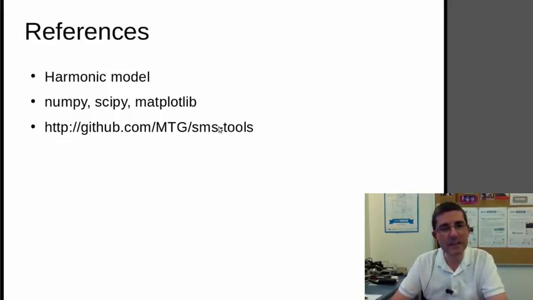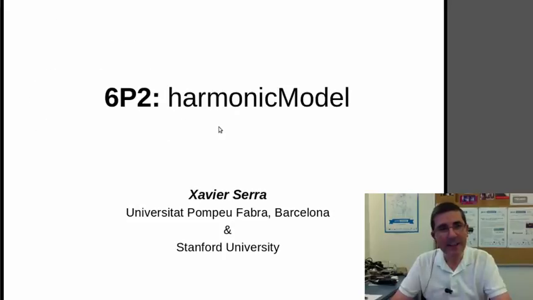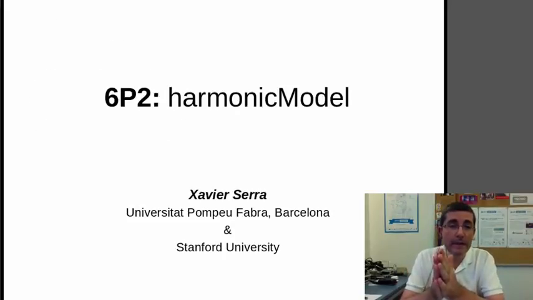I would definitely encourage you to go through that, run it and use it if you want. That was all for these programming classes on the harmonic model. Hopefully this has given you an in-depth view of what it entails to implement this type of models.